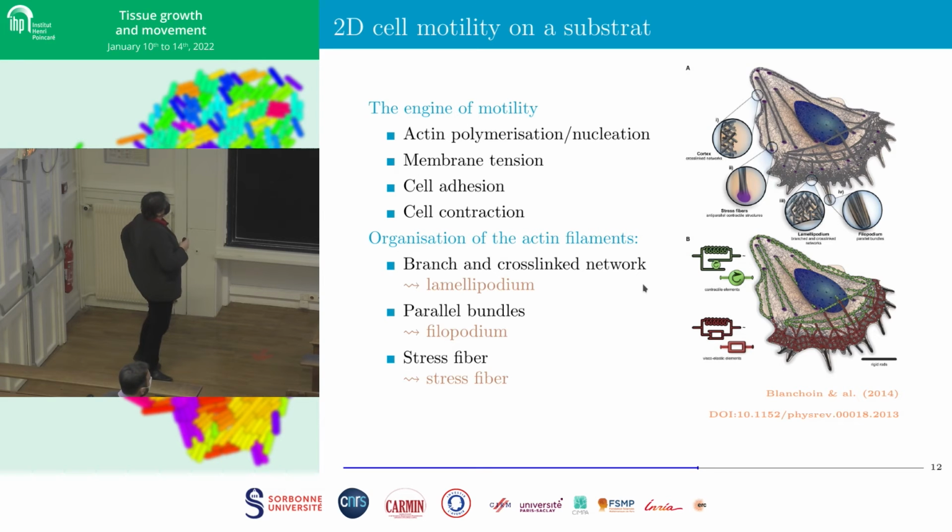At the front of the cells, you see a branched cross-linked network located at what we call the lamellipodium of the cells. You see also fingering of the cells that correspond to the organization of the filaments as parallel bundles. And if you look at the back of the cells, you can see stress fibers that are parallel fibers, but in the other direction.